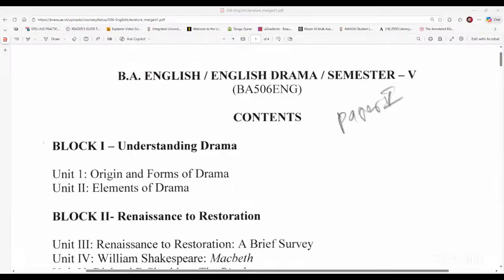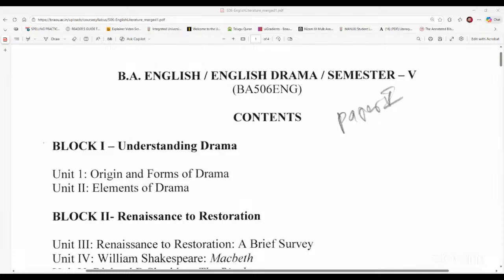Okay, so students, I think in this class today, in the very first counseling class today, we have talked about drama, its origin, and then we moved on to talk about different elements of drama, and then we have taken up forms of drama, and with examples we have tried to understand these things.